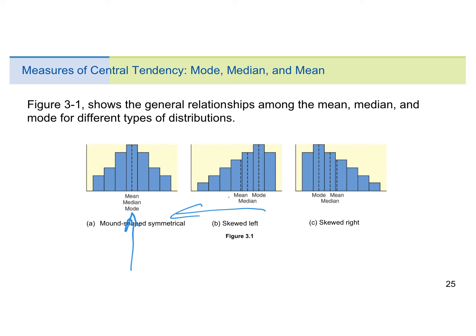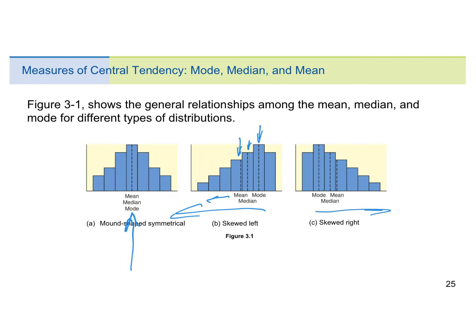Notice that the mean always goes towards the skewed side, towards the tail. So the mean is going to be smaller. The median is going to be next. And notice the mode is going to be located in the largest building. That's where the most data pieces could be that are the same.